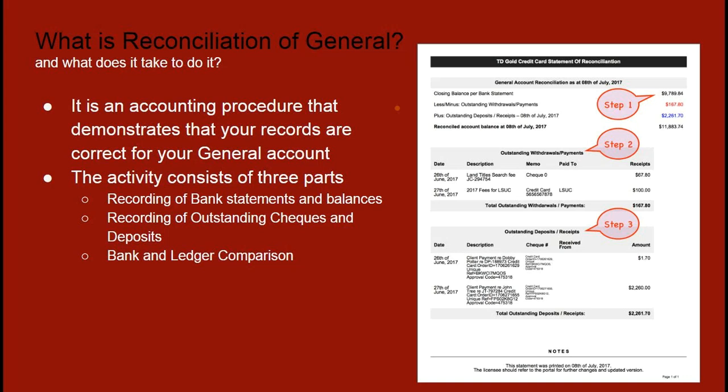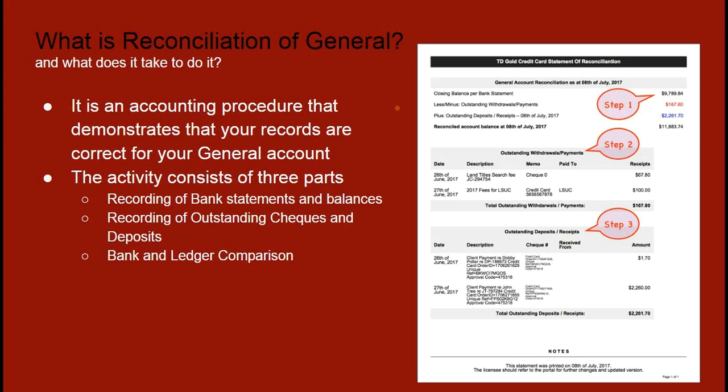The general reconciliation is also an accounting procedure that ensures that your record keeping is accurate for your general account. And if you have multiple general accounts, it's recommended you do this for multiple general accounts as well. And the three steps or the data points that are collected as steps within the general reconciliation report start with the recording of the bank statements and the balances, just similar to your trust.